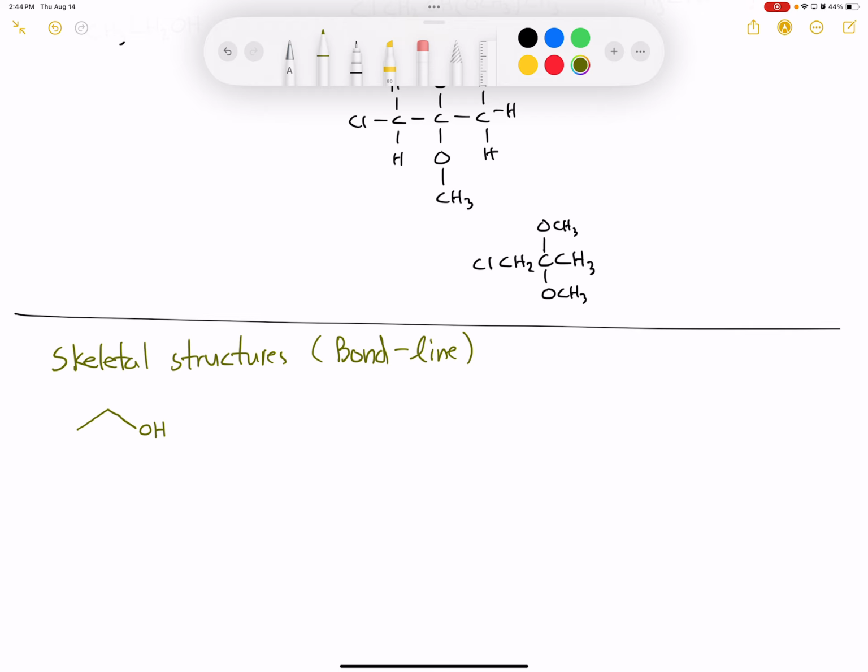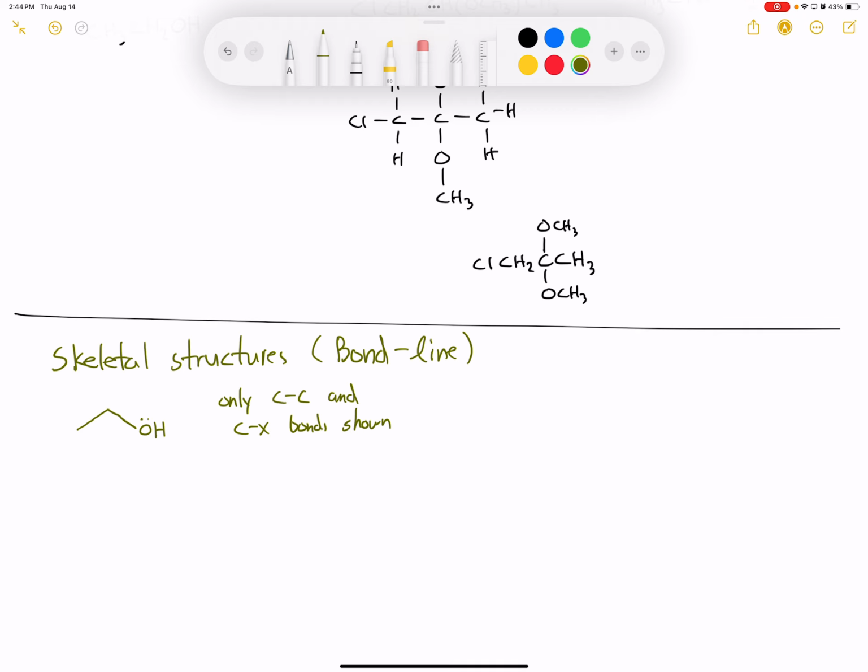All right, so let's take some notes on this. Only CC and CX bonds shown. And for bond line, you technically don't have to show the lone pairs. Yeah, you don't. But I do anyway, okay?